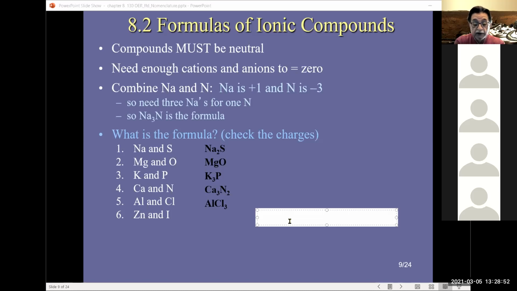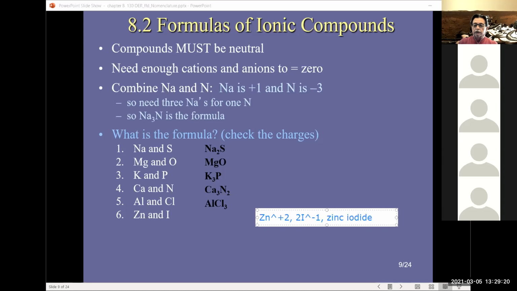Now I'm going to call this zinc with a +2 charge. And then the I becomes iodide with a -1. Okay, that means I need 2 of them to cancel the -2 of the zinc. So the name itself is zinc iodide.